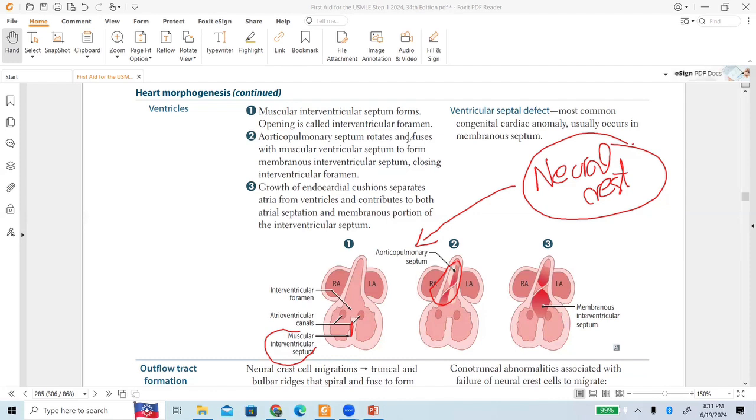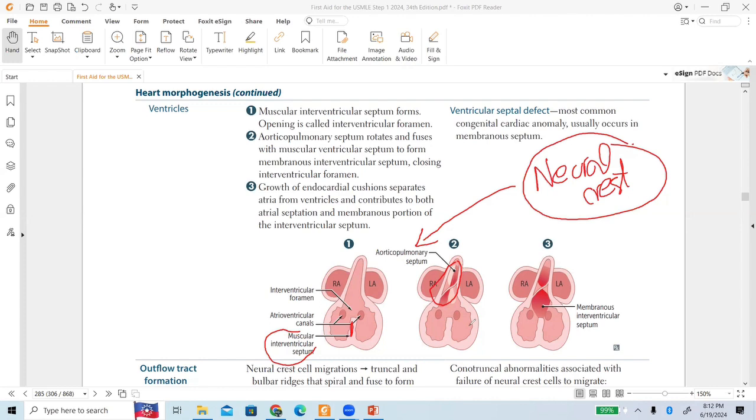Yes. If there is a failure of the neural crest cells, this septum, the aorticopulmonary septum, doesn't form, right? This aorticopulmonary septum rotates and fuses with the muscular septum, right?